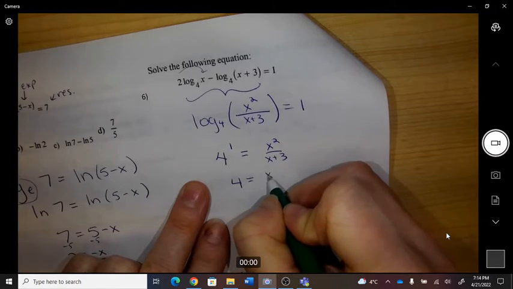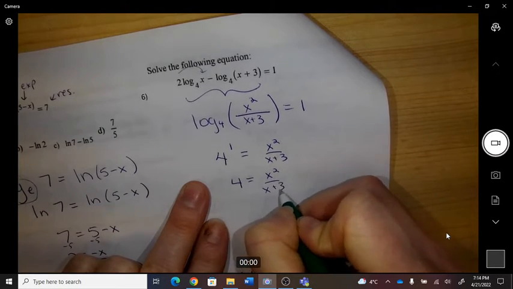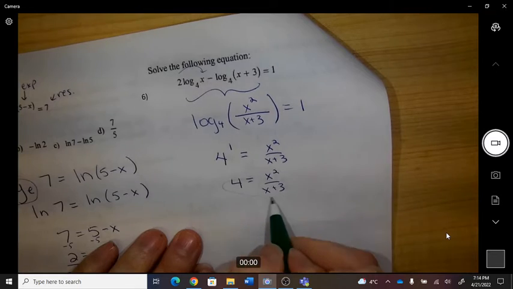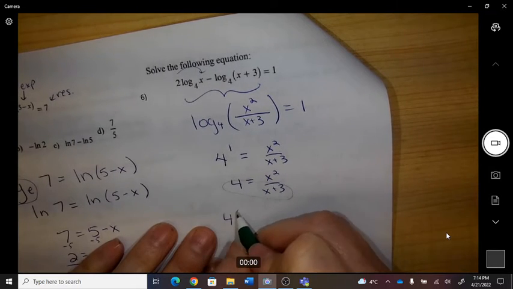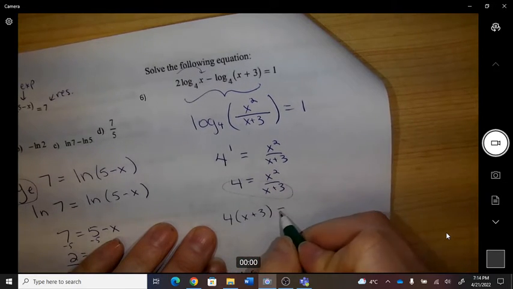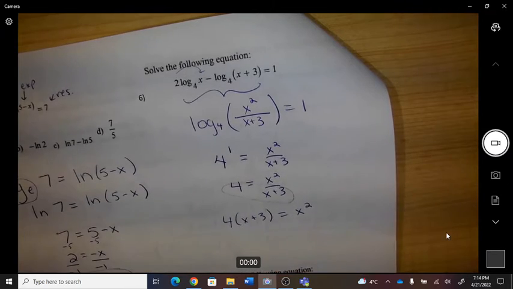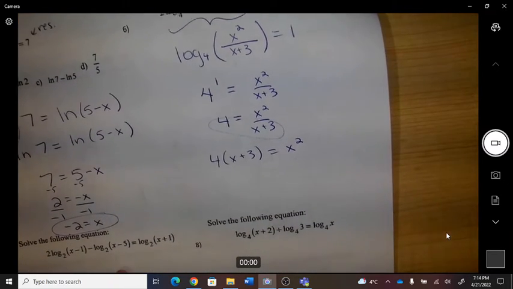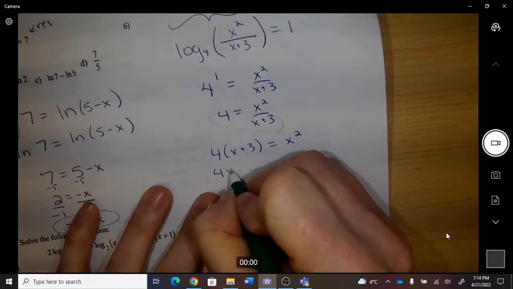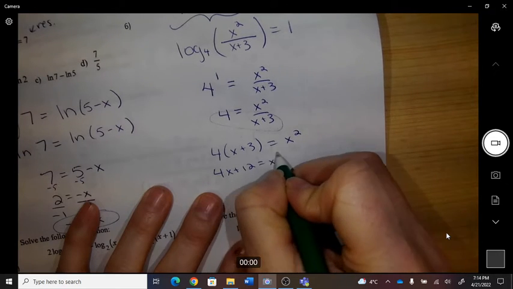So that's just a 4. So I'm going to times that. In other words, times both sides by x plus 3. So 4x plus 12 equals x squared.